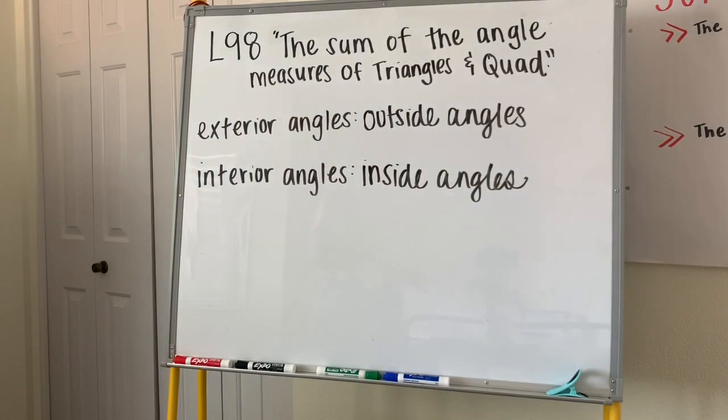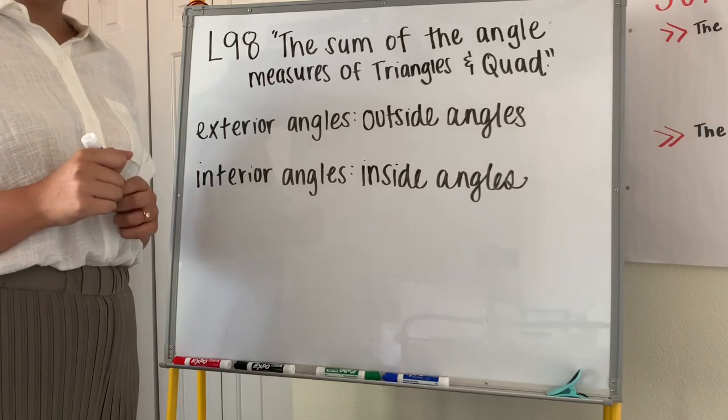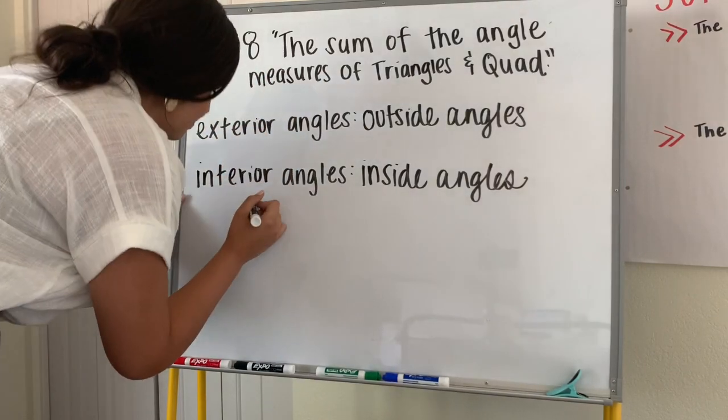Well, we know a triangle has how many angles? 3. And what do we know about when we add all of those angles up? I'm going to give you some examples.